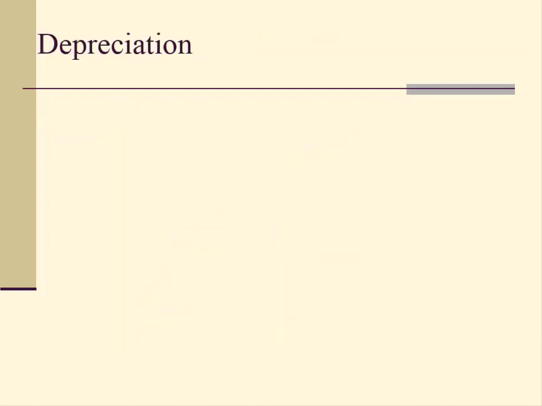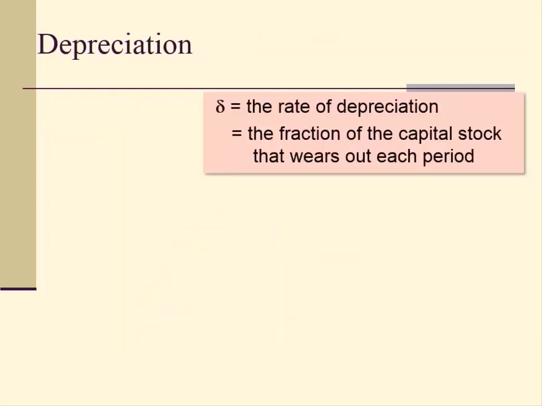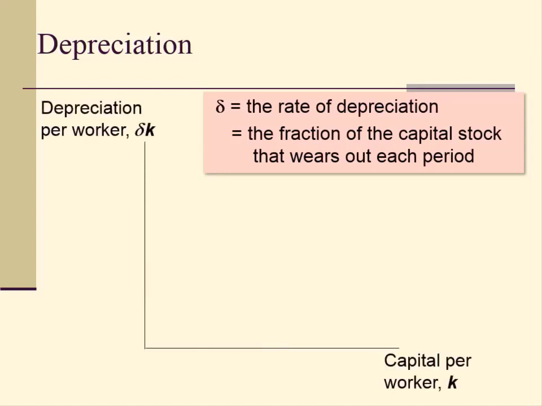Next, let's assume the Greek letter delta represents the rate of depreciation, that is, the fraction of the capital stock that wears out each period. And if you plot this, we assume delta is constant.